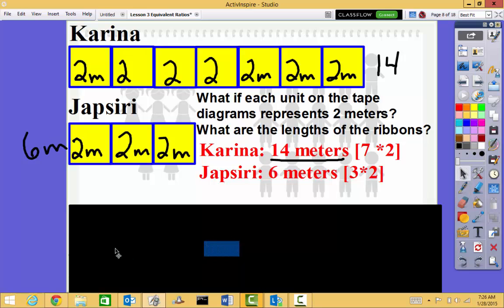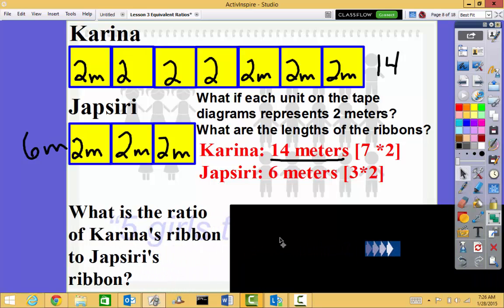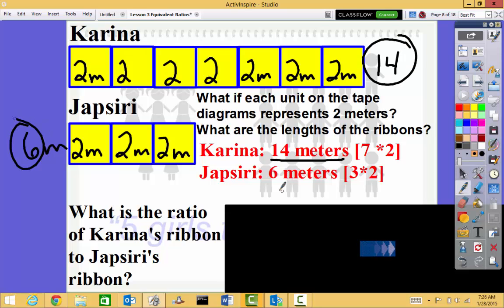So let's think. What is the ratio of Karina's ribbon to Japsiri's ribbon? Well, look, I have 14 here and 6 here, so I could say Karina's ribbon is 14 to Japsiri's 6 meters.